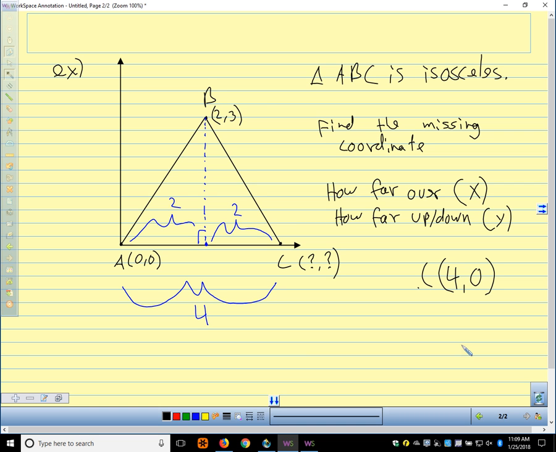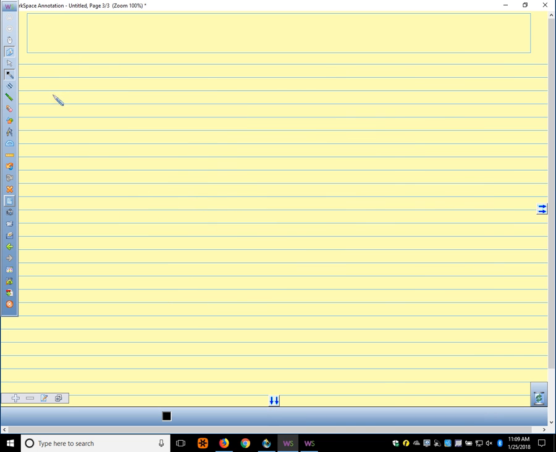Okay, let's make it one step more interesting. For this one, we're going to look at a rectangle. I'm going to put my vertices here.